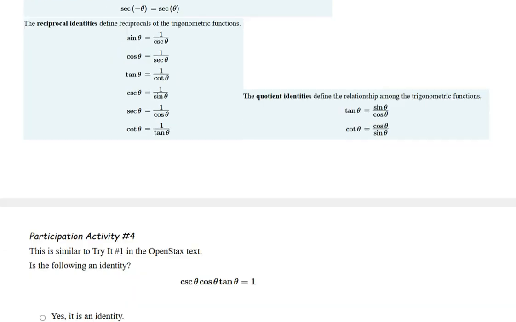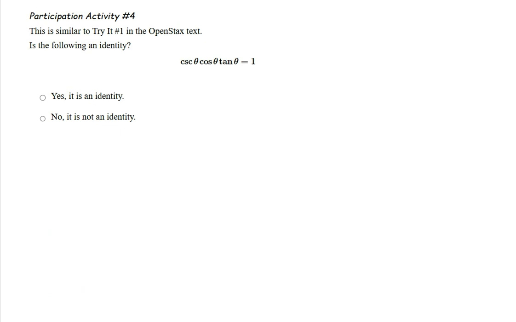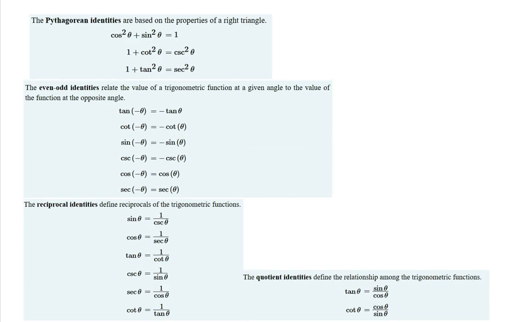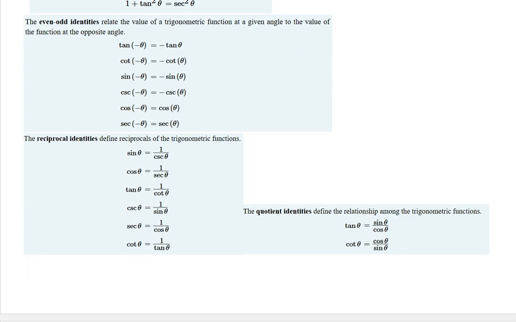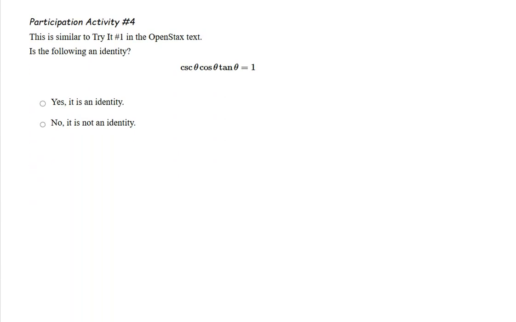And when you get to activity number 4, it says, is the following an identity? I have to figure out which one of these identities to use. I always take the word identity literally, like, I don't want to lose my identity.